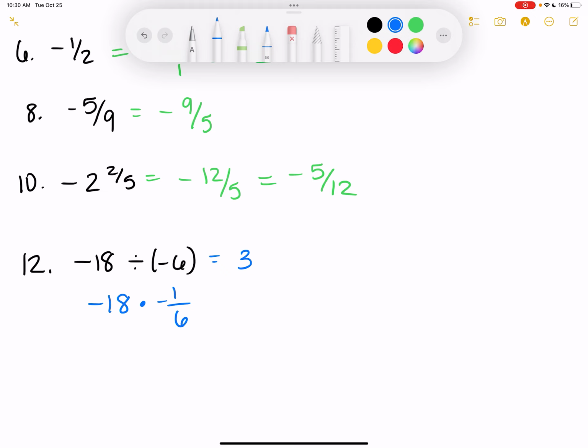Positive, so I can get rid of that. I can rewrite this as 18 over 6. I like to think about it this way when I'm going to do it. And then you can just reduce it down to give you 3. So if you know it off the top of your head, you're more than welcome to just write it down. But if it's one that you don't know, this is how you would set it up. Okay.